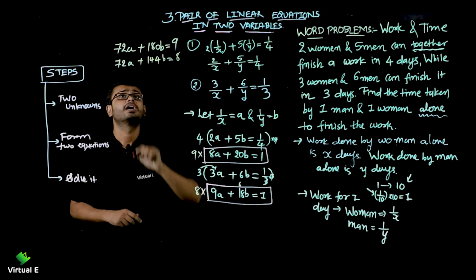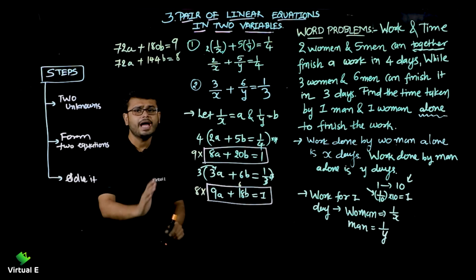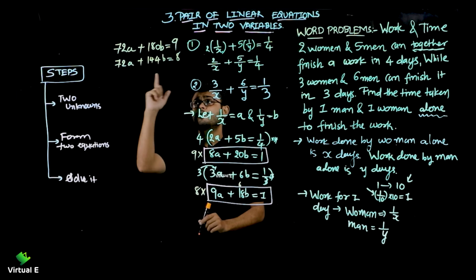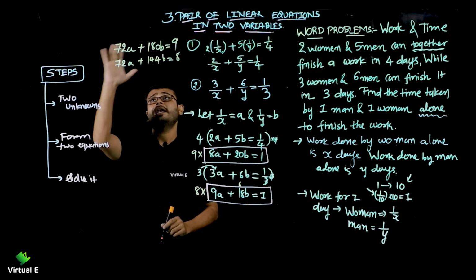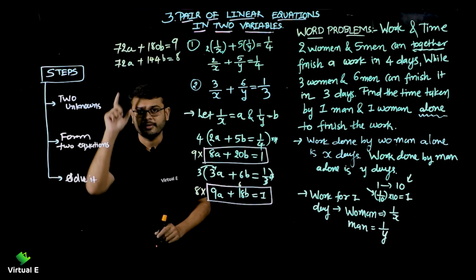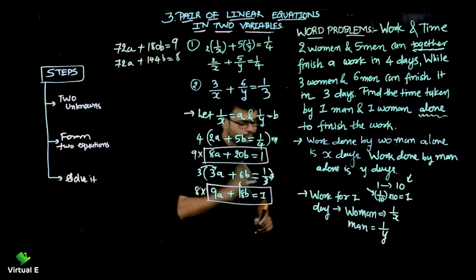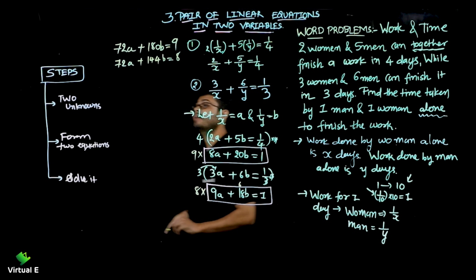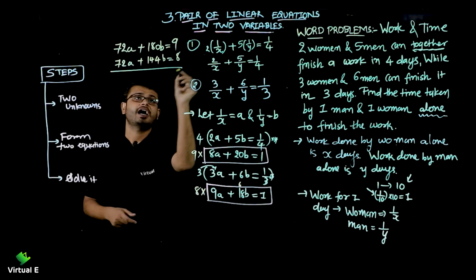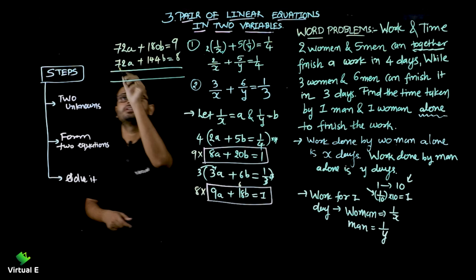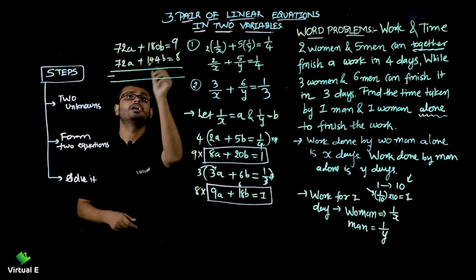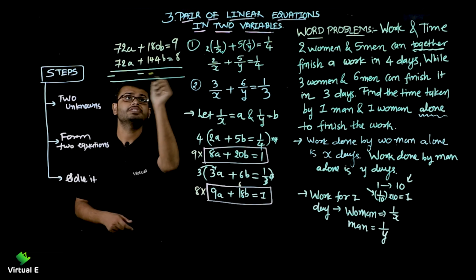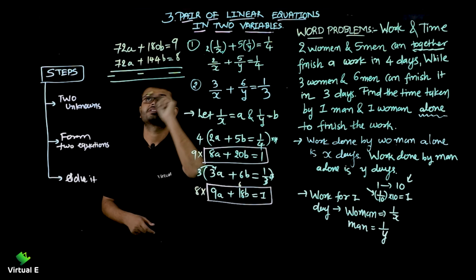8 as it is. Now, are we going to add or subtract? I told you my target is to eliminate the variable a. Am I going to add or subtract? Recall the rules of the elimination method. Yes, I am going to subtract. This 72 will become minus, 144 will become minus, 8 will become minus.